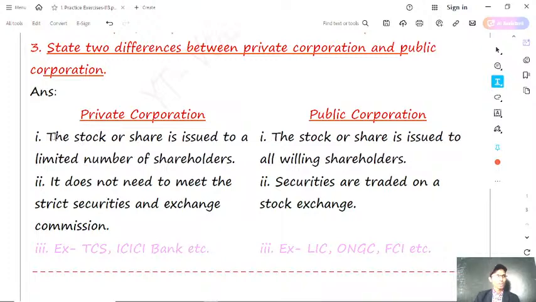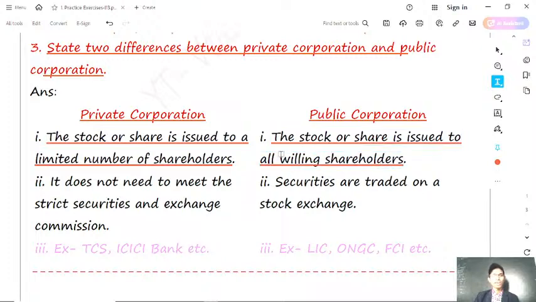In the private corporation, the stocks or shares are issued to a limited number of shareholders. See, generally what happens in a private sector corporation, the shares of the company are given to a limited number of shareholders. But in a public corporation, the shares or stock are issued to all willing shareholders.